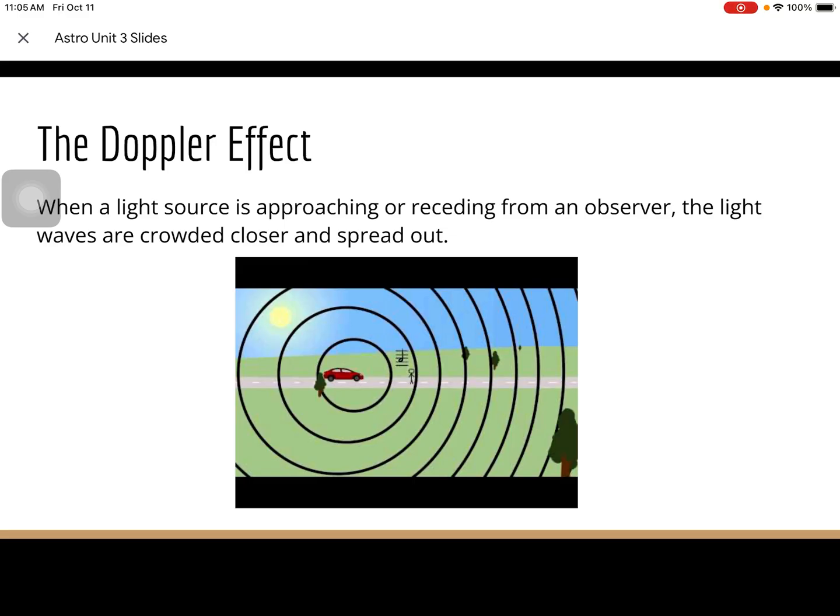Once it comes past you, it gets really, really loud because those sound waves are getting scrunched closer and closer together. Then as the ambulance or fire truck moves away from you, it starts getting quieter because those sound waves have to spread out further and take a longer distance to get to you. So same idea here when it comes to light. Things are going to appear brighter when they're coming towards us, dimmer when they're farther away.